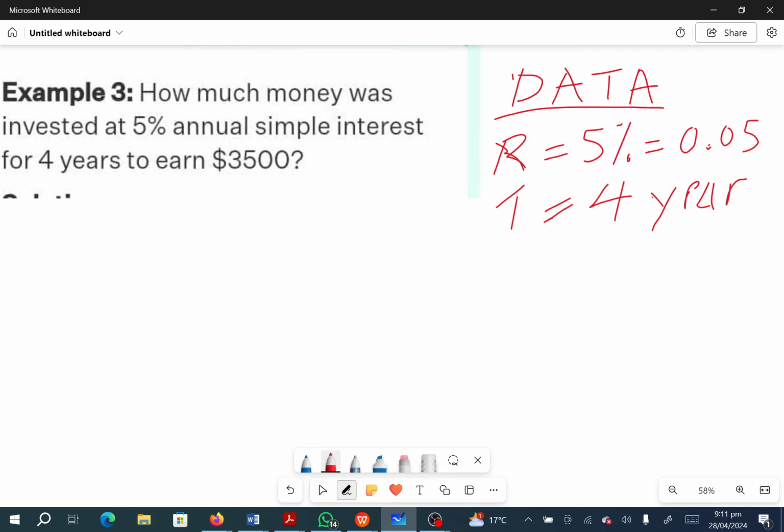Then we have been given an amount, the one you have been asking about. The amount is also the total retained or earned amount at the end of an investment period. So the amount is 3,500.